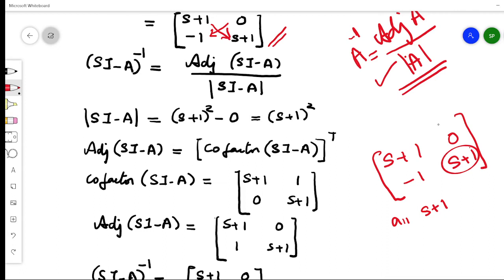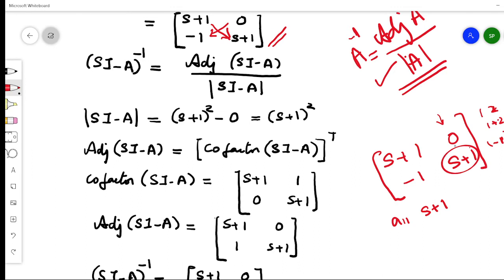The second one, you remove the row and column corresponding to this one, so we'll be getting it as minus 1. It is the first row, second column. When you add this one, you will be getting 1 plus 2. It is an odd number. So minus 1 raised to 3, you will be getting a negative value.